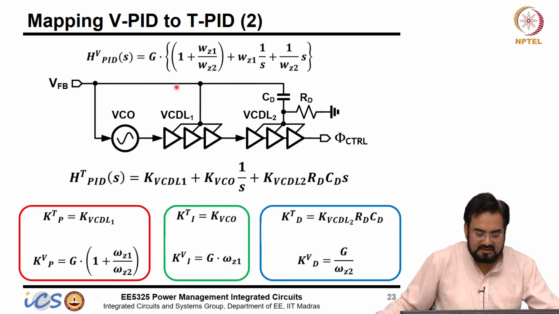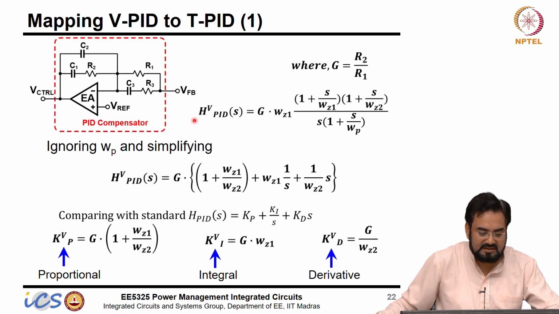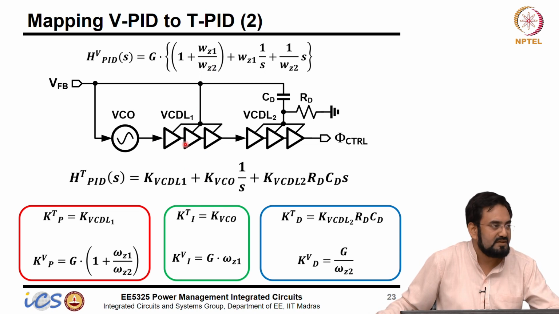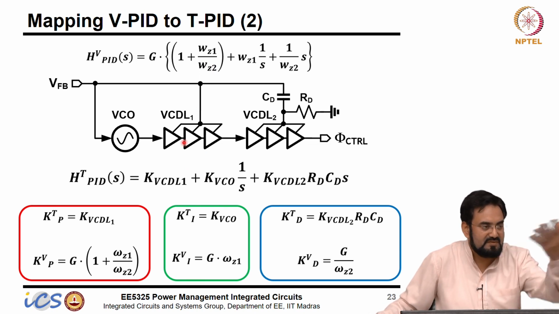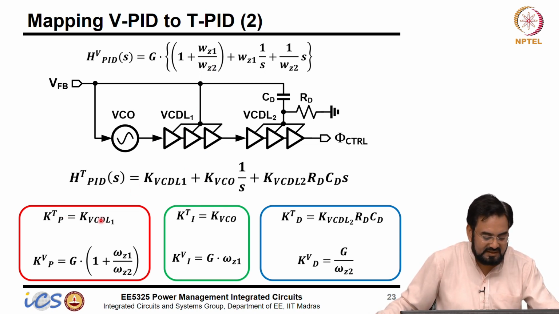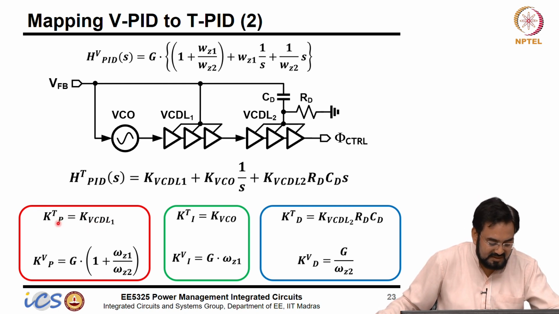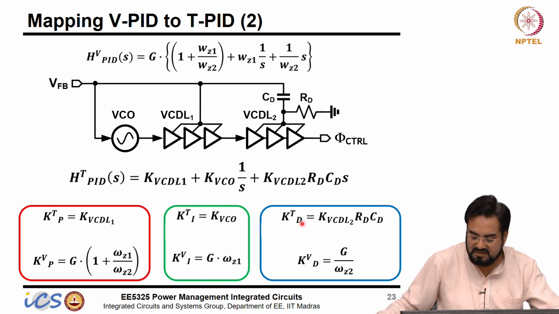So we know Ki, Kp, Kd in this, and we know Ki, Kp, Kd in that, and all we have to do is relate one with the other and equate. In the time domain, your proportional is nothing but KVCDL, Ki is nothing but KVCO, and Kd is KVCDL2 times RD CD, which is the high pass filter.